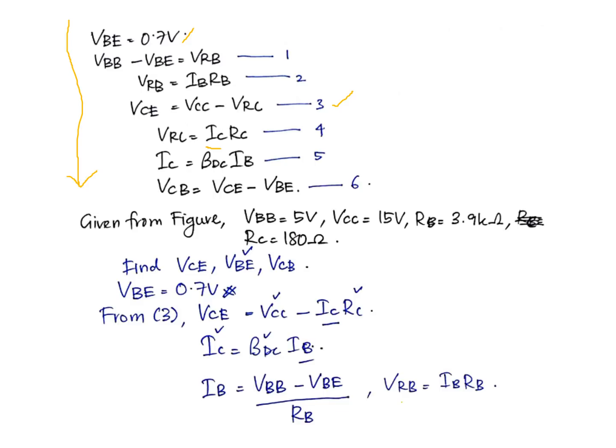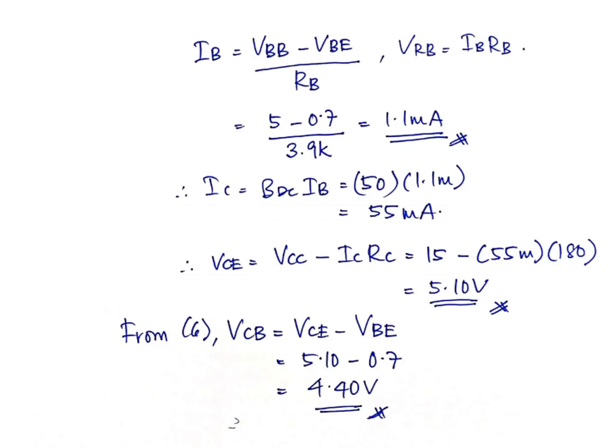So IB equals 5 minus 0.7 over 3.9K, so IB equal to 1.1 milliampere.